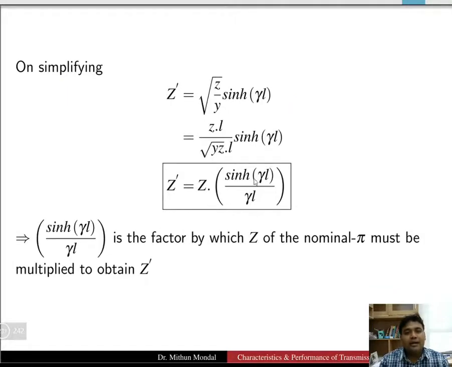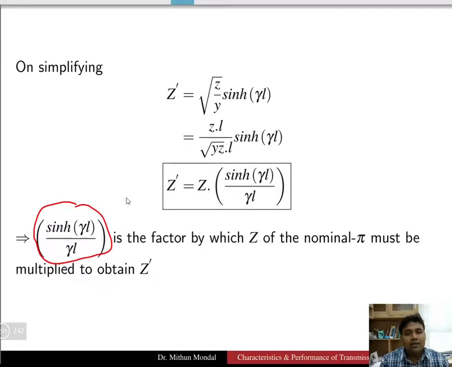What does it mean? It means that this sinh(γL) divided by γL is a factor by which Z of the nominal pi must be multiplied to obtain Z'. So Z' is equal to Z into K. This K is the factor which is given by this quantity.